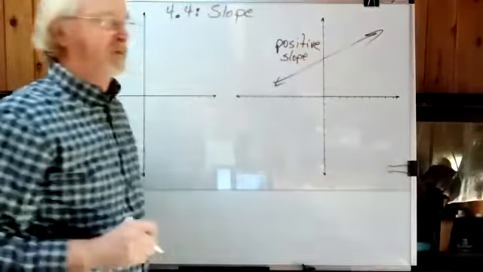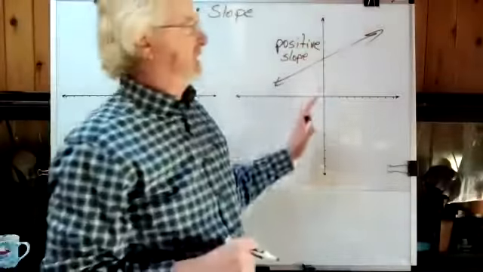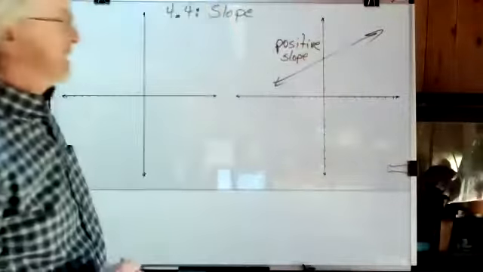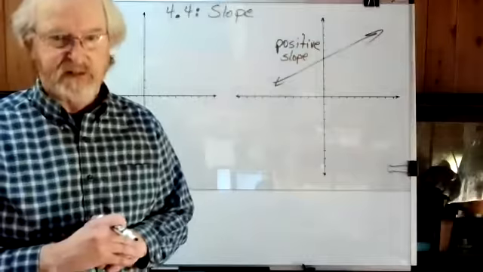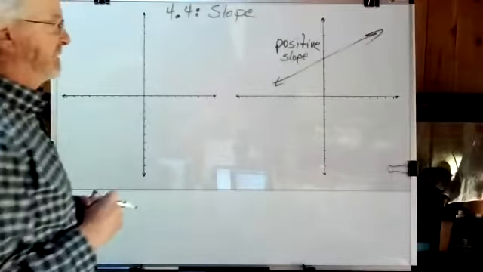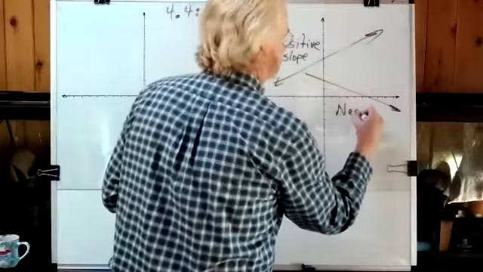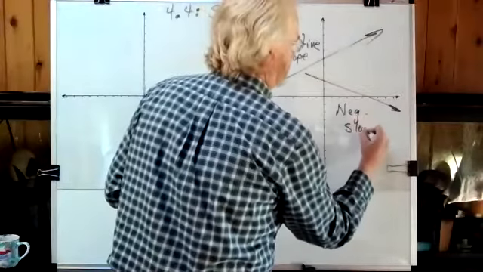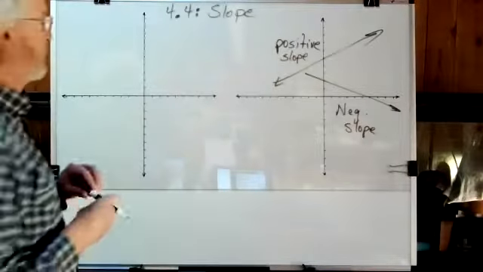We always evaluate going left to right, ever increasing. This is going uphill, it has a positive slope. That number in a certain equation will be positive. And similarly, that one's negative. And that means something about the numbers in our equation.